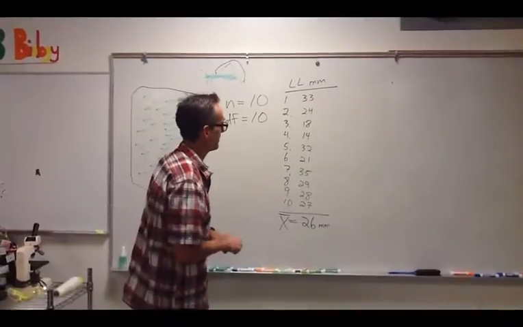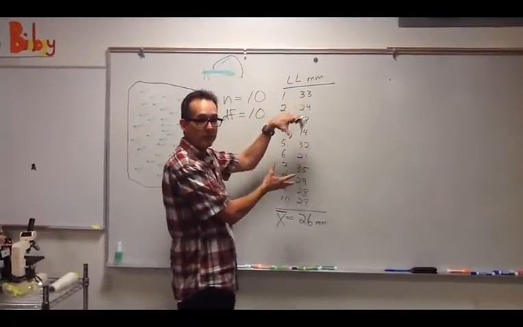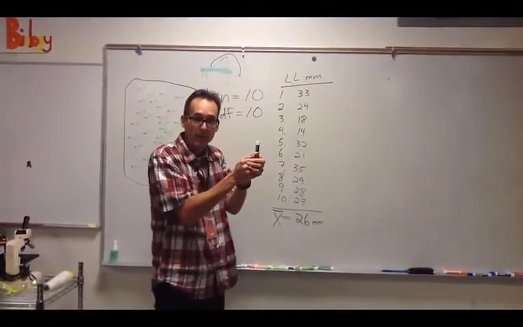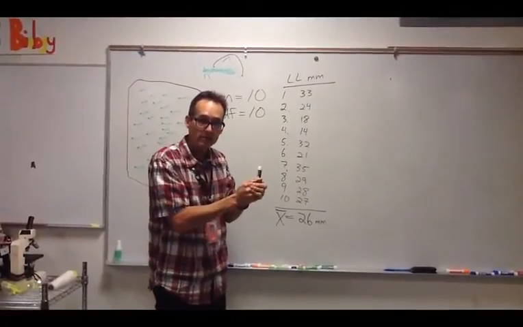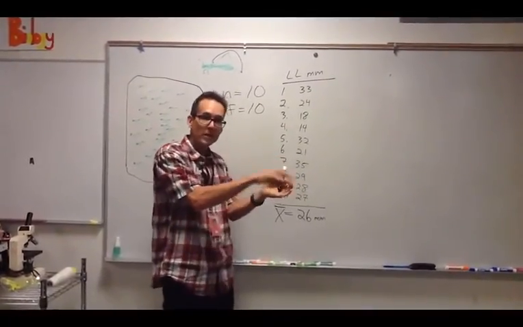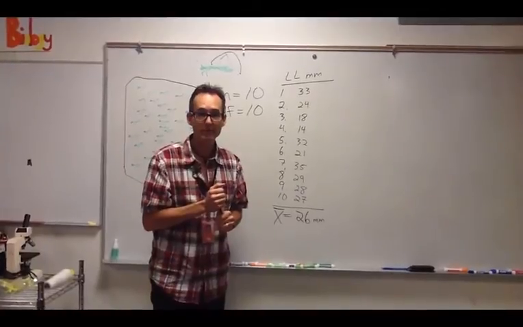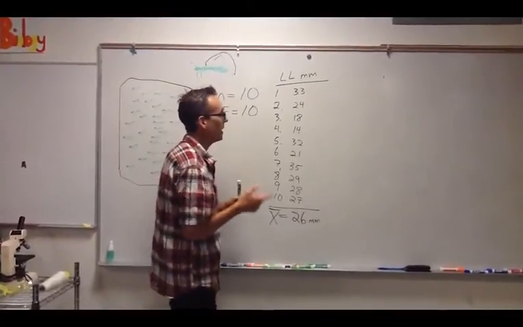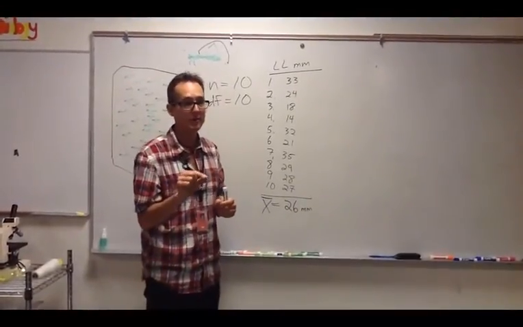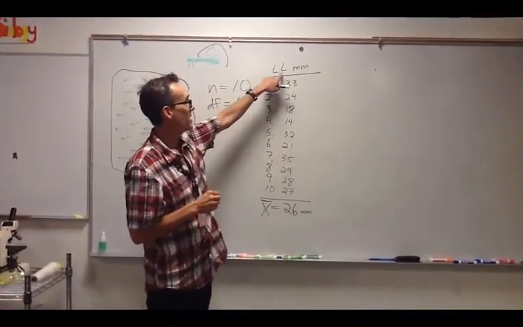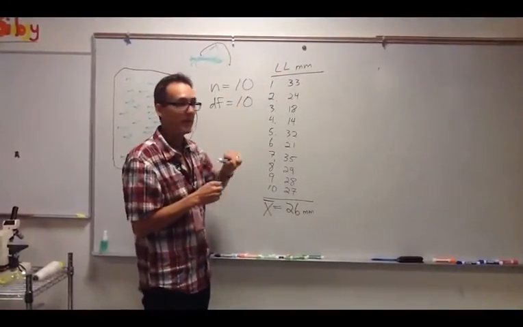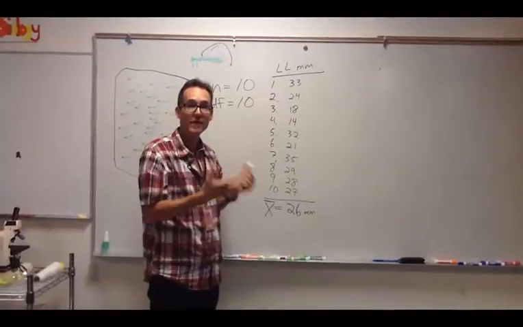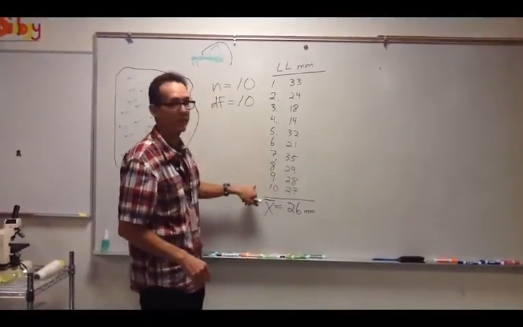Now let's say that I take all of these grasshoppers and put them back in a bag, and I shake up the bag. And I start pulling them out and measuring them over again. When I pull that first grasshopper out, the measurement of its leg is one of these 10. So it's free to vary among any one of these 10.